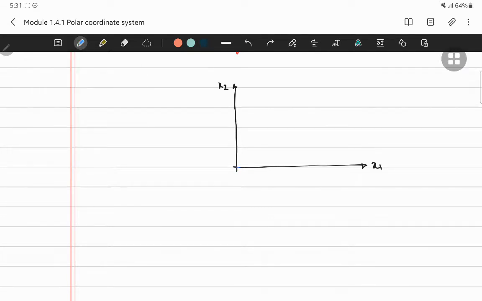So we had two unit vectors E1 and E2, and I'm approaching this from a two-dimensional point of view, because in the polar coordinate system you only need r and theta, you need to know where the point is and the angle. This will become clear as we progress.